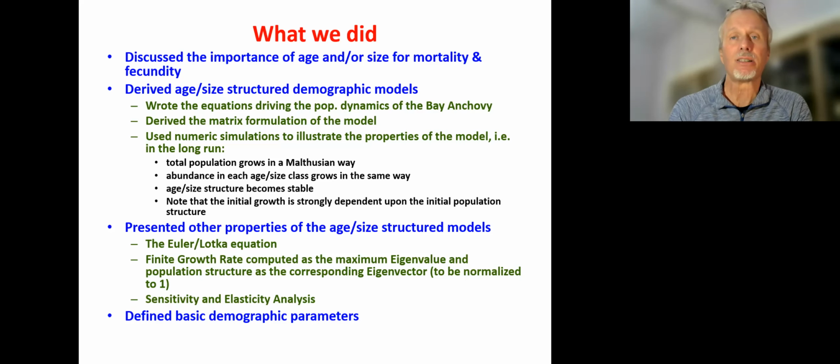Last but not least, we can use this information also to derive elasticity and to understand how the finite growth rate is affected by relative changes in the different model parameters that contribute to the definition of the transition matrix. And finally, we have derived a formal definition of the most important demographic parameters, and how we can use, for instance, information like life tables or census data to estimate these demographic parameters.